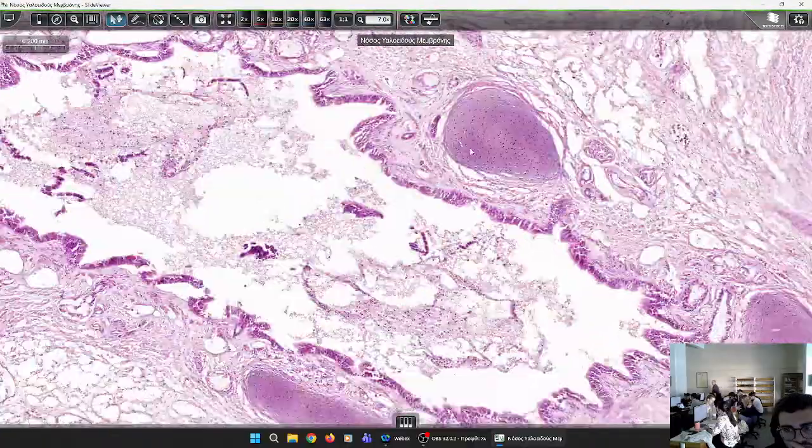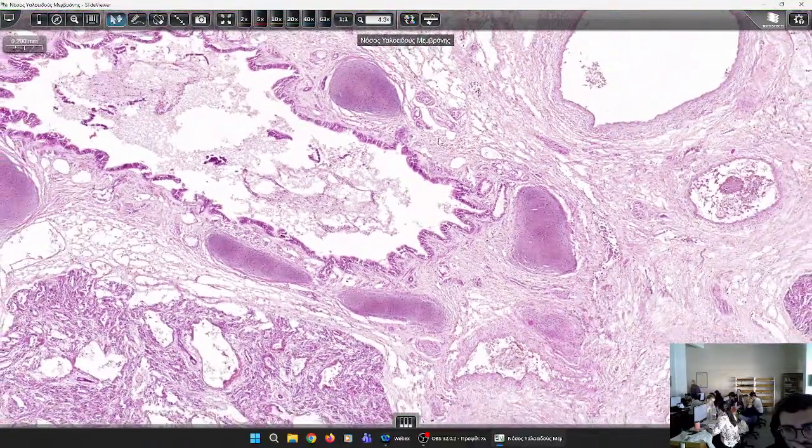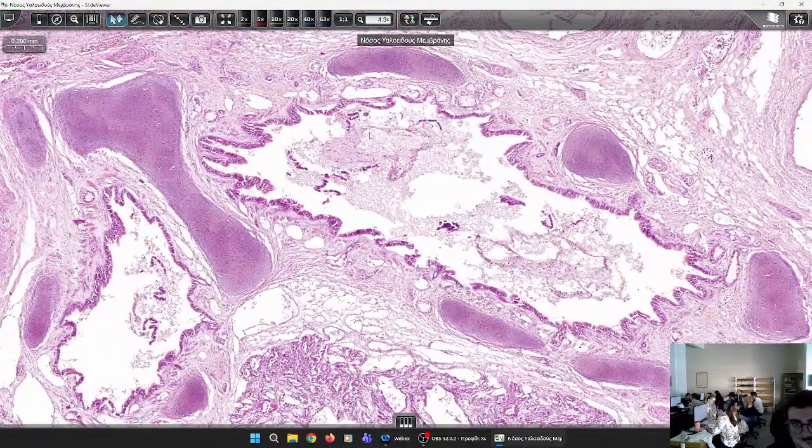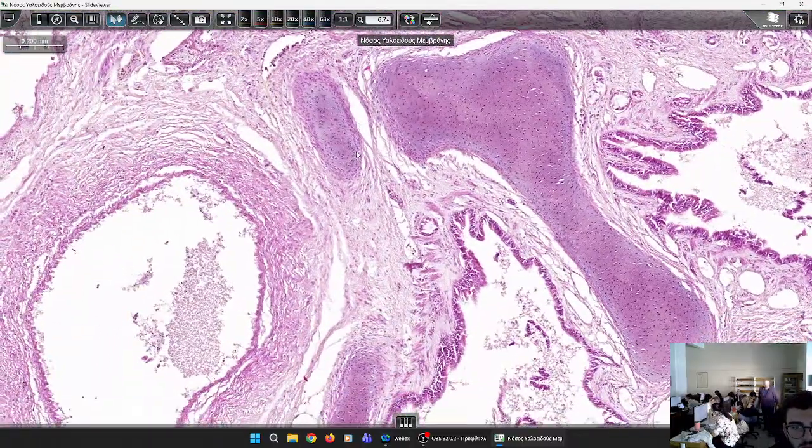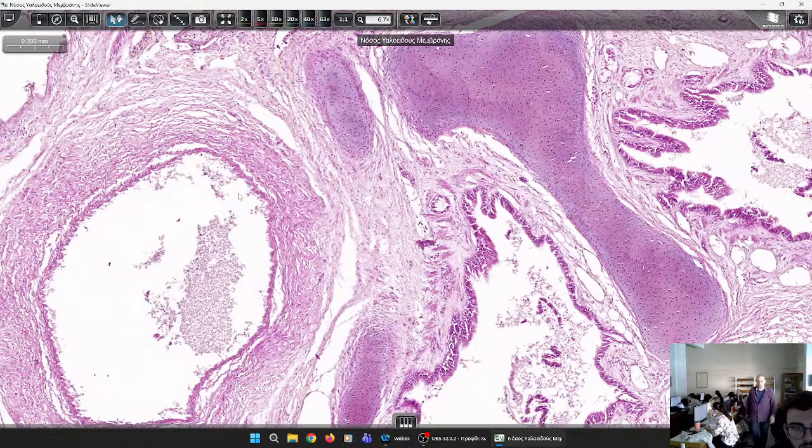Excellent. Yes, Theophanis, that's right. What is this tissue around the wall of these structures? Cartilage. So what structures are these? Excellent. Large bronchi. They are not affected by the lesion we are studying.